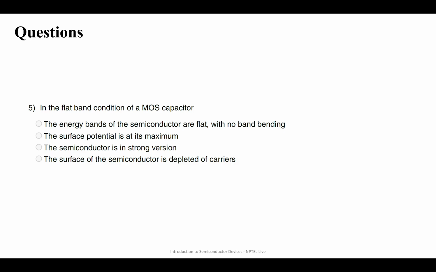Next is, in the flat band condition of a MOS capacitor, the energy bands of the semiconductor are flat with no band bending. The surface potential is at its maximum. The semiconductor is in strong inversion. The surface of the semiconductor is depleted of carriers.